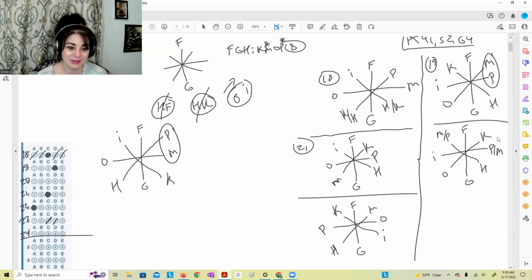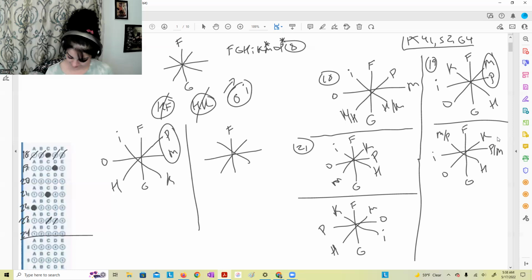Let's move around our KI beam. There's no way I could do that because then O would have to be over there. So let's keep moving it. Do K and then I, and then O is right here.